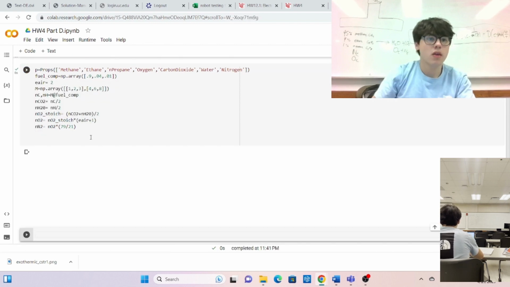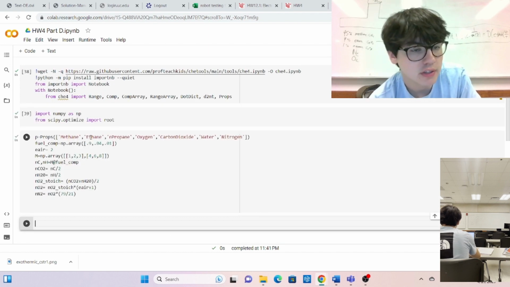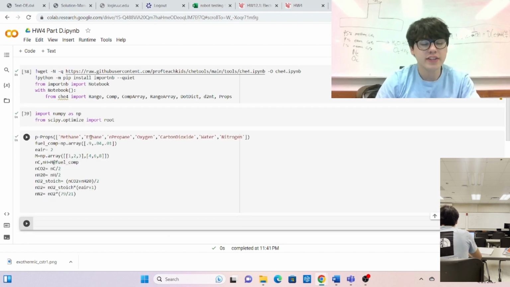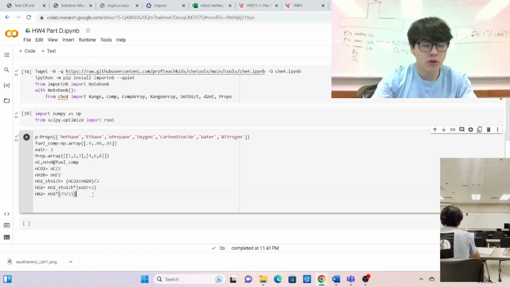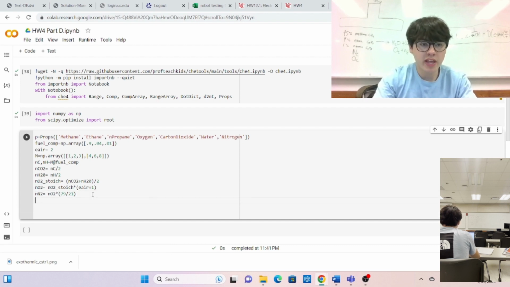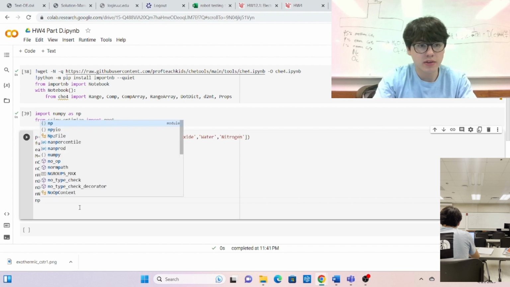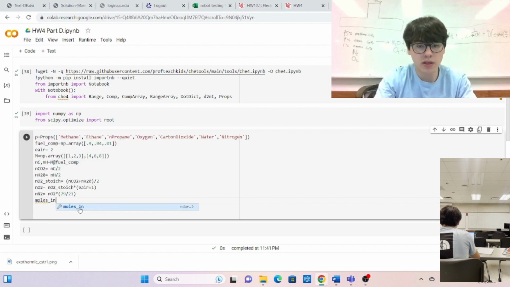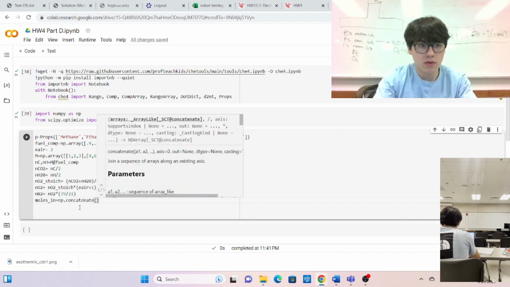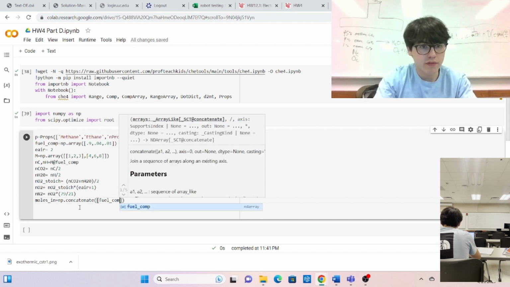All right, so now that we have this defined, we'll want to create an array for the number of moles in and an array for the number of moles out. In order to create the moles in, we'll concatenate the fuel comp array into the new array we want to create. So moles underscore N will be equal to np.concatenate, and we'll input a list of fuel comp.